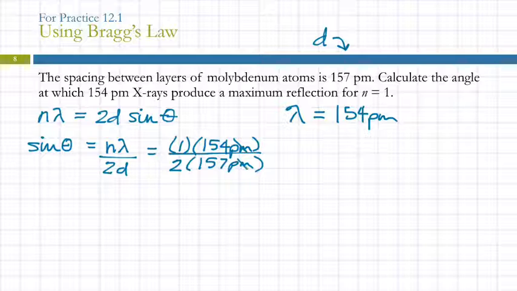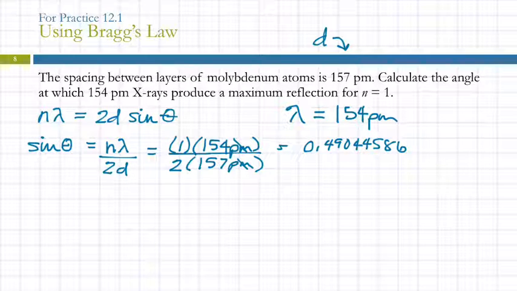The picometers cancel out. The unit there is not important as long as both of those are in the same unit, so the units cancel out. So then we've got 154 divided by 2 divided by 157. And so that's going to equal 0.490445586. No units. That's the sine of theta.